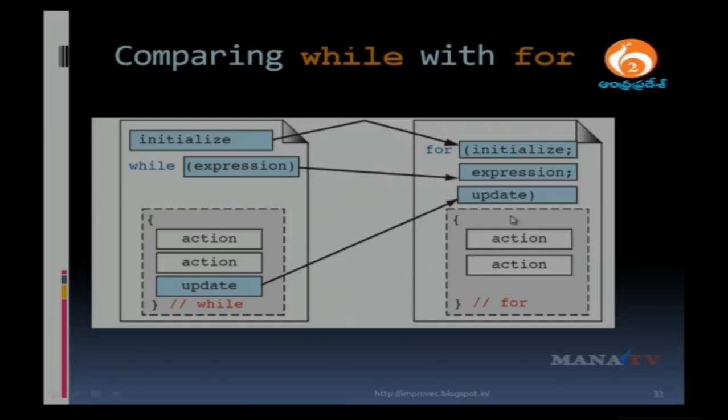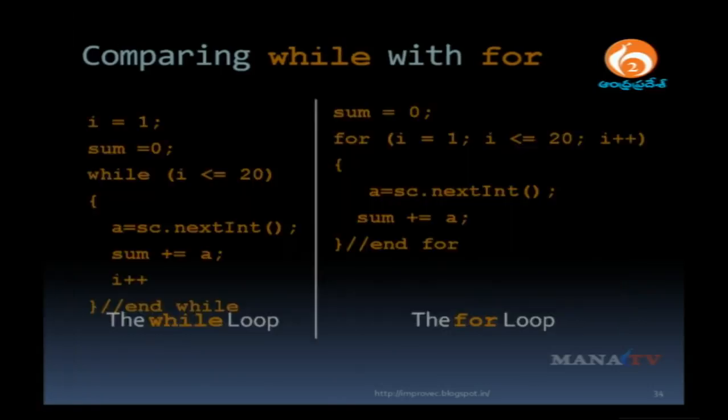Here action means statements or logic. In the while loop we write like this, in the for loop we write like this, but everything is the same. Initialization we write here and updation we write here.